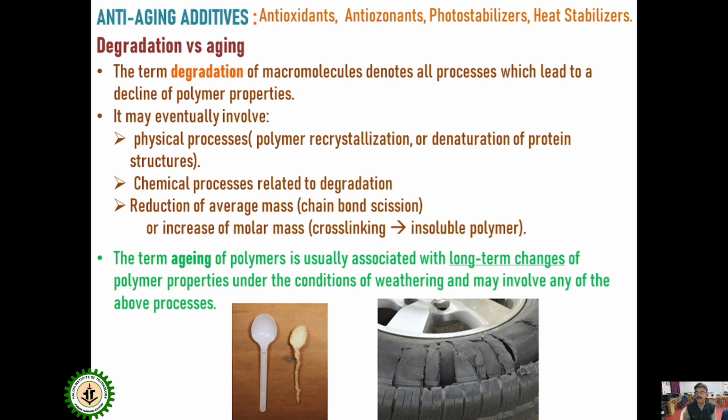These are the normal processes of aging of polymeric products. So it is possible to prevent the aging of polymer by using a suitable antioxidant, a suitable photostabilizer, a suitable heat stabilizer, so that those causes of aging like oxygen, presence of ozone, irradiation with UV from the sunlight, or heat, that kind of degradation can be reduced to some extent at least.